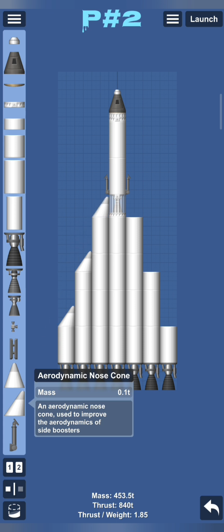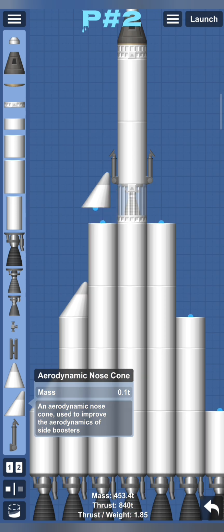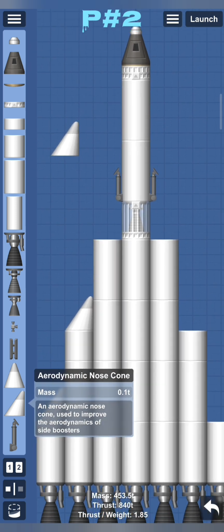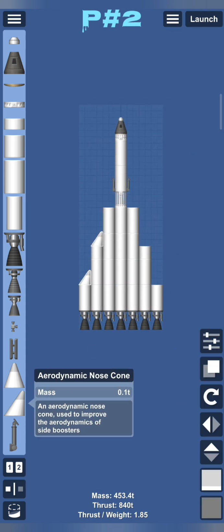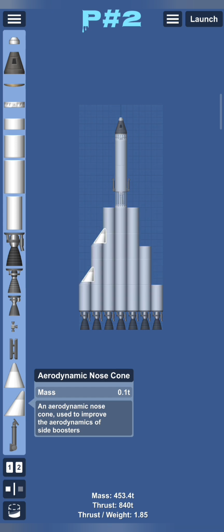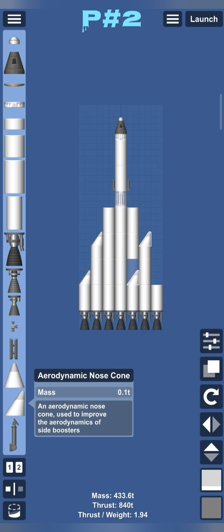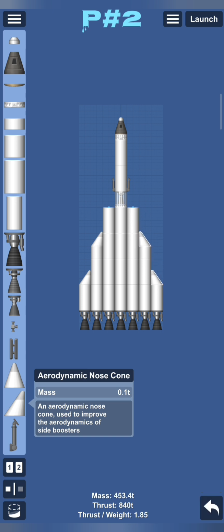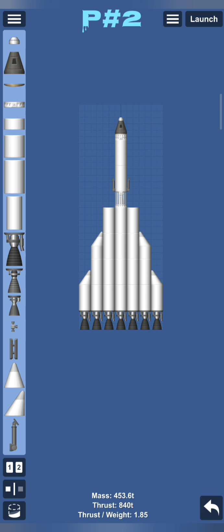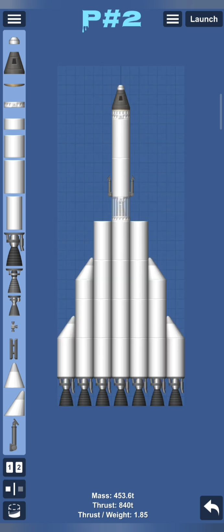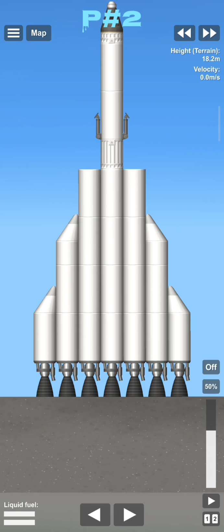And don't fix a cone beside the separator, because if we fix a cone beside the separator, then we can't separate the lower part of the rocket from the upper part. I think the rocket is ready to launch, so move to the pitch.